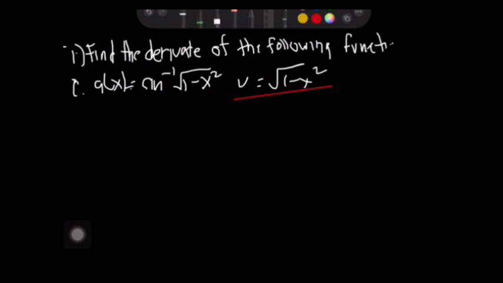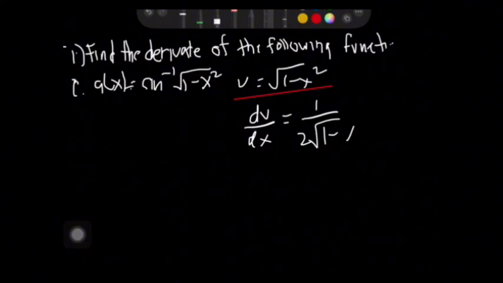Now let's find du over dx. The derivative of u is 1 over 2 times the square root of 1 minus x squared, times the derivative of the inner part, so we have negative 2x.